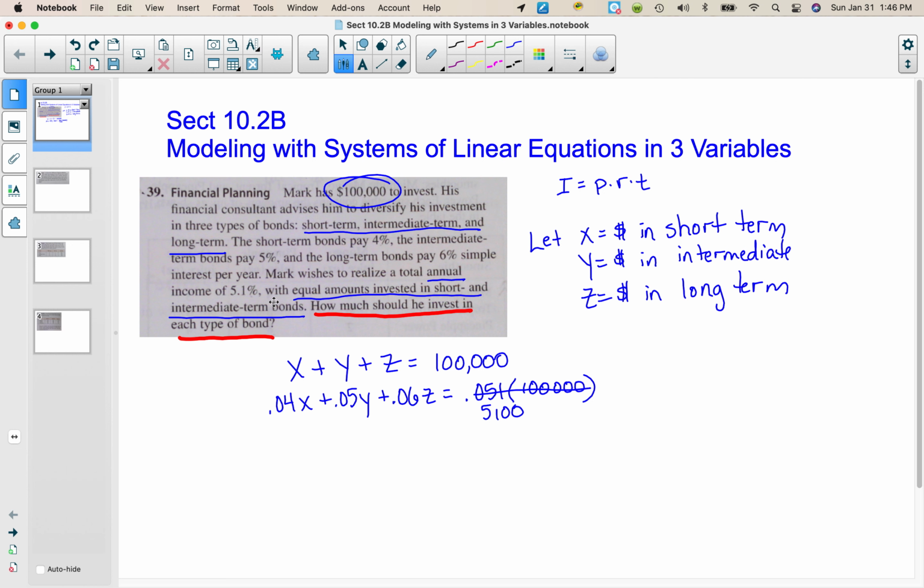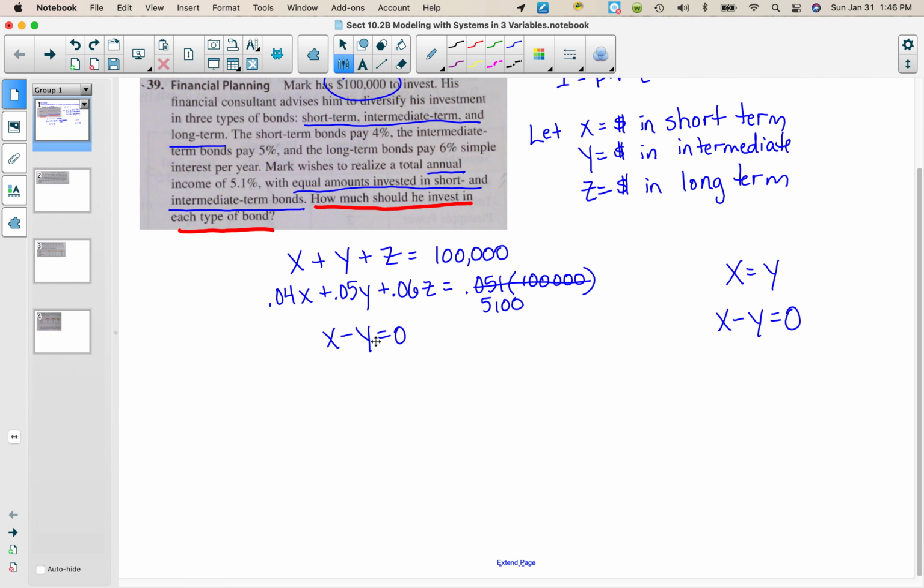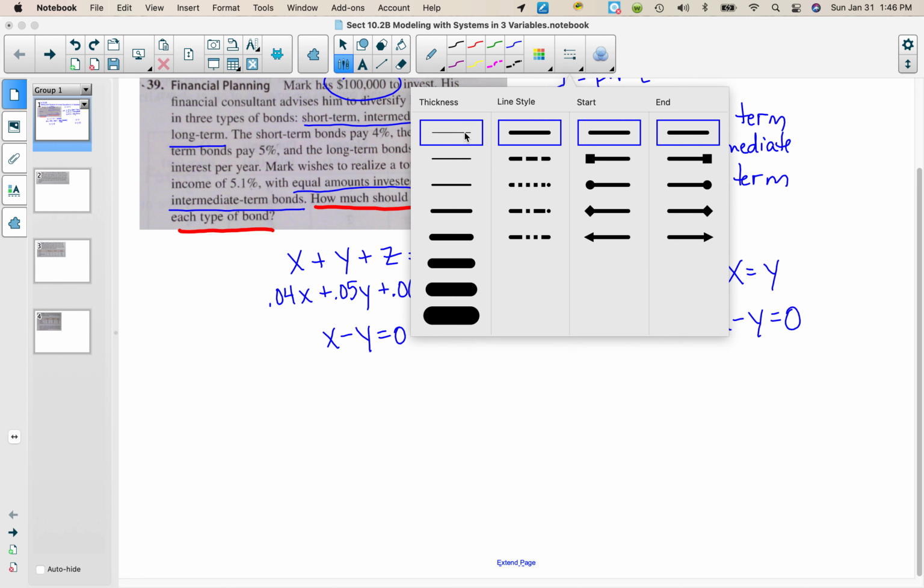Then the sentence here, he wants to put equal amounts invested in short and intermediate term bonds. So we're being told that X equals Y. So I'm going to write that as an equation, X minus Y equals 0. The nice thing about that is it's already in just two variables. I'm going to clean up this middle equation to get rid of the decimal points.